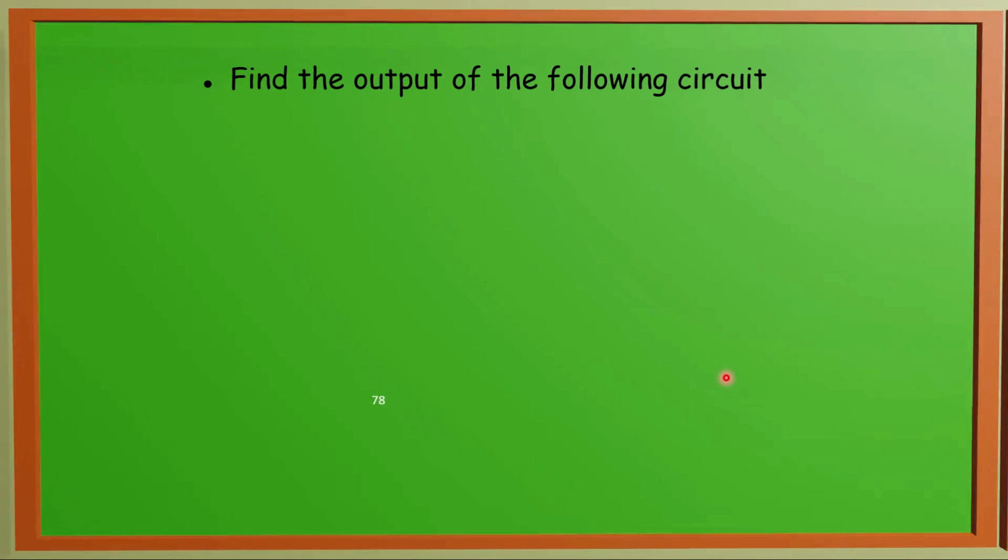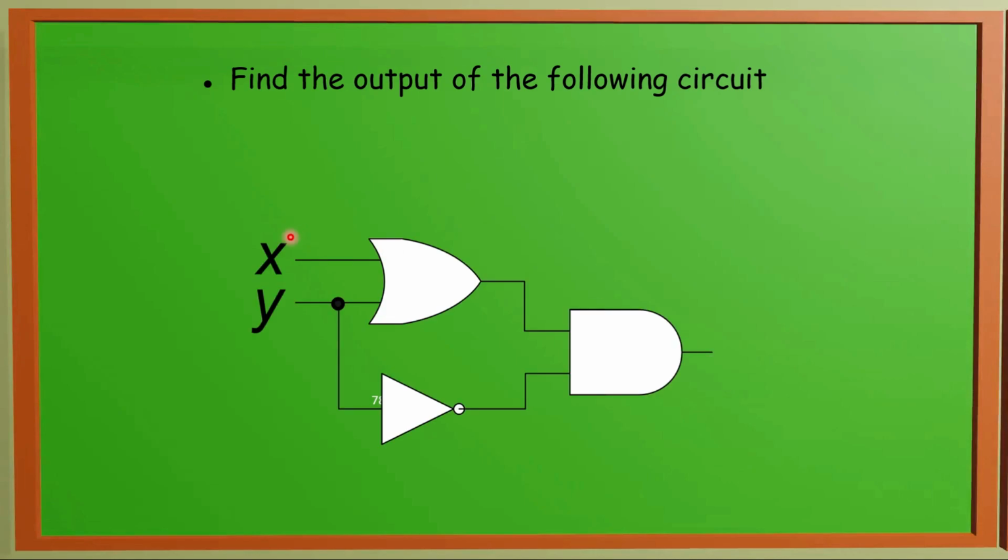So let us discuss about the example. Say first example we will discuss where there is one circuit given, and we have to find out the output of this circuit. X and Y, there are two inputs. This X and Y are going to this OR gate. So what will be output at this particular point? We will get X plus Y. Now this X plus Y is input of next AND gate, but the other input is coming from this NOT gate.